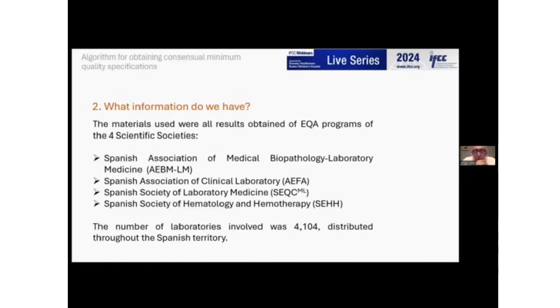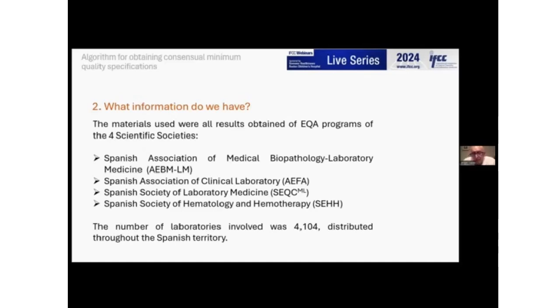Then, look, over these years, we have been able to have the collaboration of a series of scientific societies, which I go on to comment. One is the Spanish Association of Medical Biopathology and Laboratory Medicine. Another is the Spanish Association of Clinical Laboratory. The third society is the Spanish Association of Laboratory Medicine.